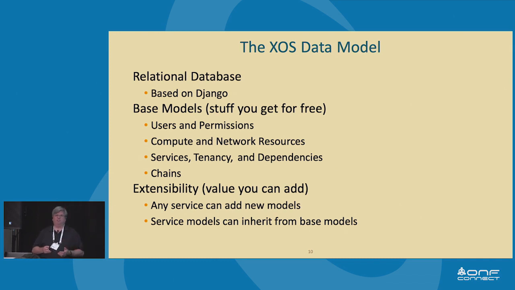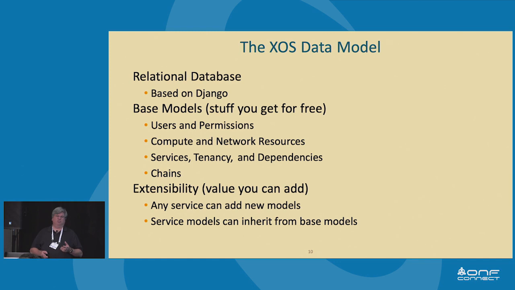The data model contributes lots of base models, maybe a dozen or two base models for things like users, permissions, compute resources, network resources, sites in case you have multiple sites where multiple pods are deployed, that sort of thing. So there's a lot of value built in.